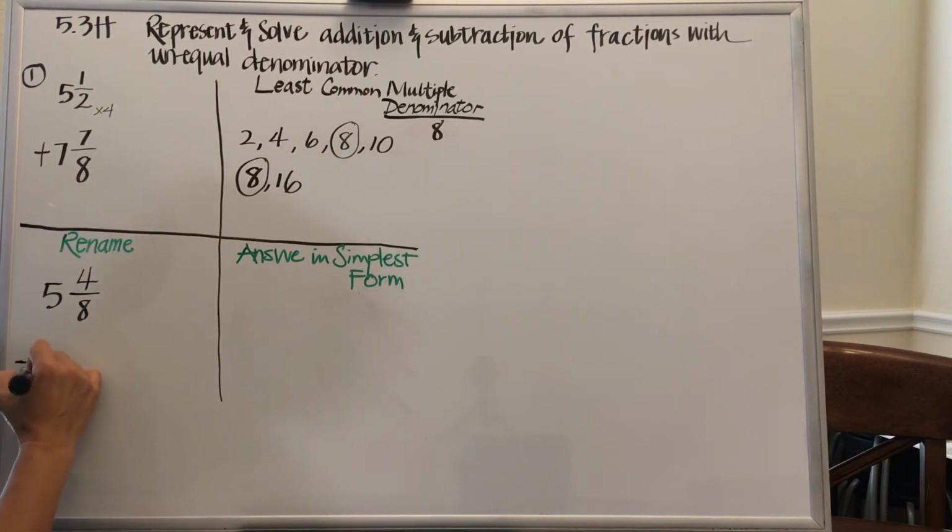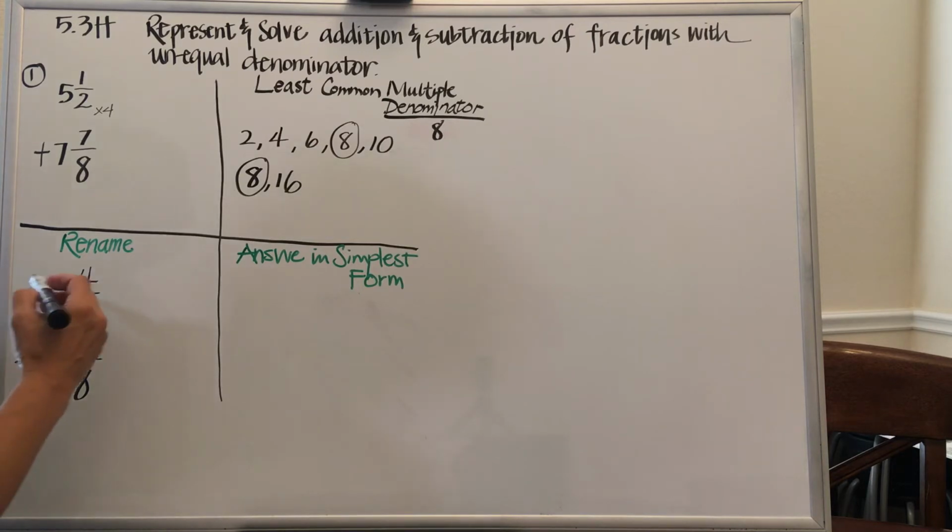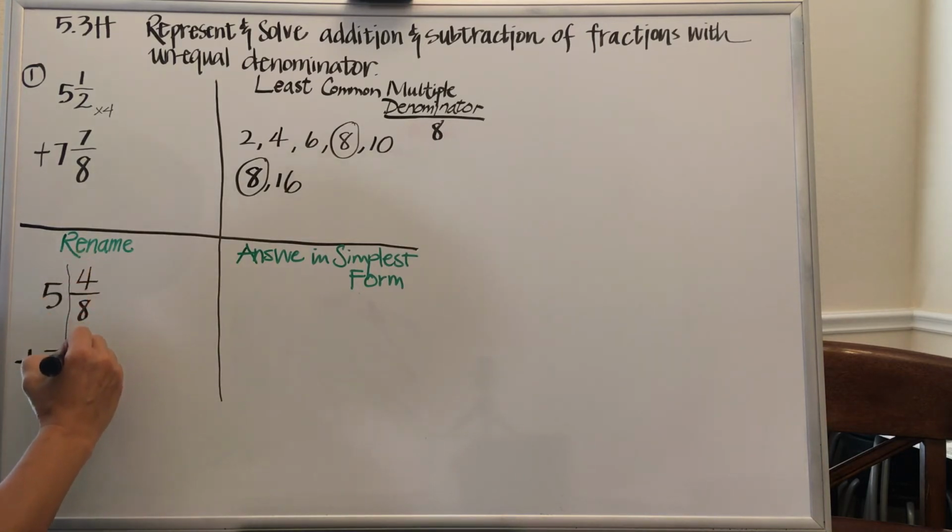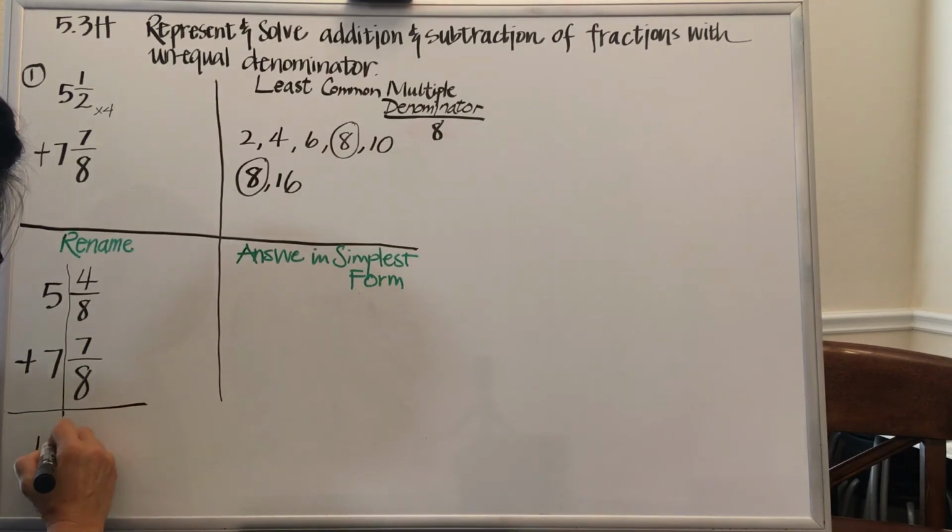I am going to just repeat and write this again as 7 and 7/8. So this time when I'm adding mixed numbers, I want to make sure I take care of the whole number. So I'm going to add 5 and 7 together, which gives me 12. And also I'm going to add 4 and 7, which gives me 11/8.